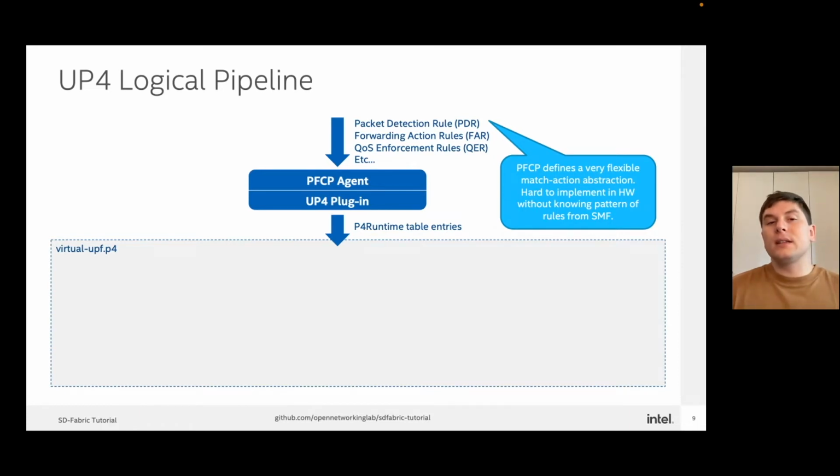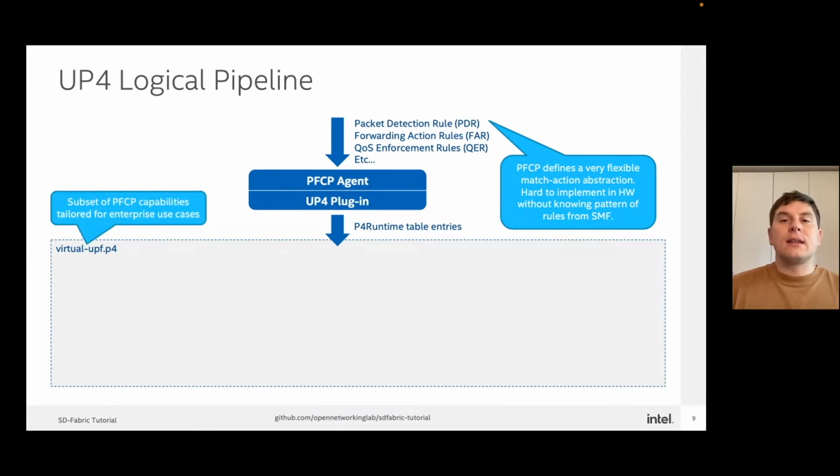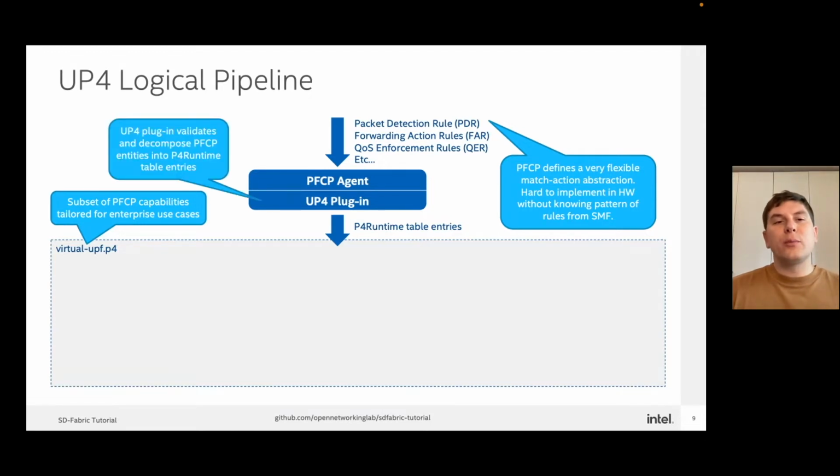Instead of implementing the full capabilities described by PFCP, virtual UPF.p4 defines a simpler pipeline that formalizes a subset of the PFCP capabilities that make sense in enterprise use cases. The role of the UP4 plugin in the PFCP agent is that of validating and decomposing the PFCP entities into one or more P4 runtime table entries for virtual UPF.p4.